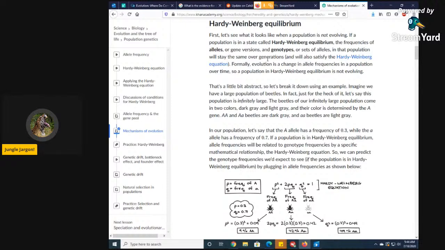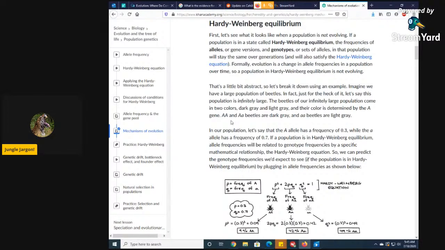Okay, that's a little bit abstract, so let's break it down using an example. Imagine we have a large population of beetles. In fact, for the fun of it, let's just say it's a population of infinitely large. The beetles of our infinitely large population come in two colors, dark gray and light gray, and our color is determined by a gene.